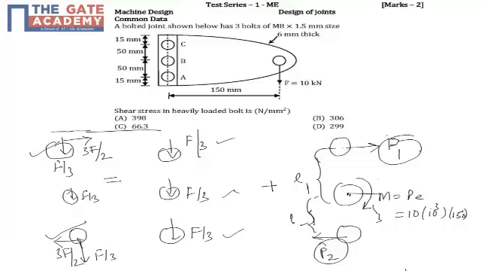So we use C and calculate the net load. One load acts in the y direction, the other acts to the right side.